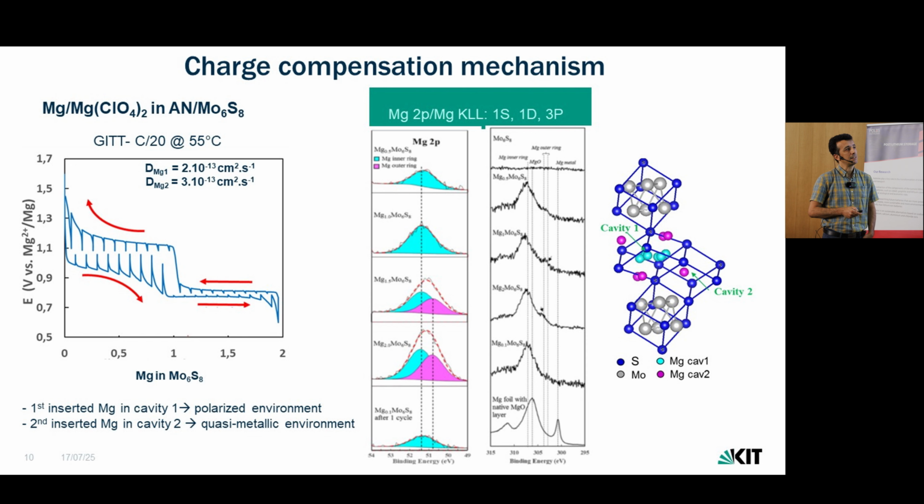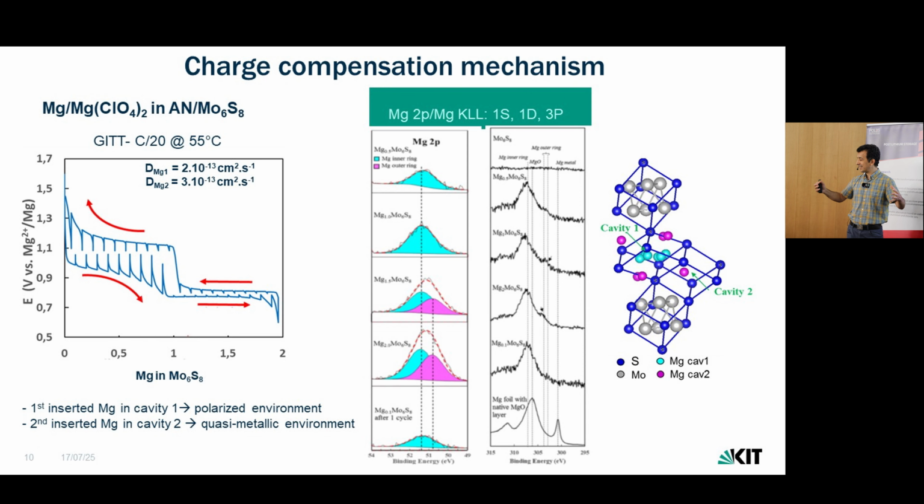So we can learn that there are 2 cavities, one for the first magnesium and one for the second magnesium. And we can see that only 1 sulfur exists, and the structure becomes more ordered. So I think what we can learn from this structure is that it's kind of an accordion.